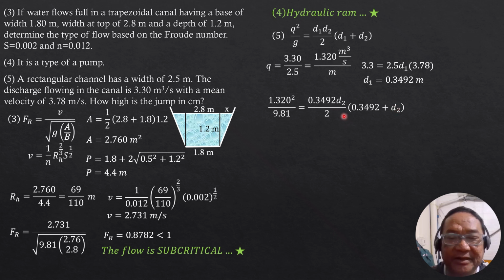The expected value of depth 2 should be greater than 0.3492 because after the jump, the type of flow is expected subcritical and the depth should be greater than this. So you assume 1 and the calculator will automatically generate the answer 0.8490 meter. So that's 84.9 centimeters. So that's it for this video.